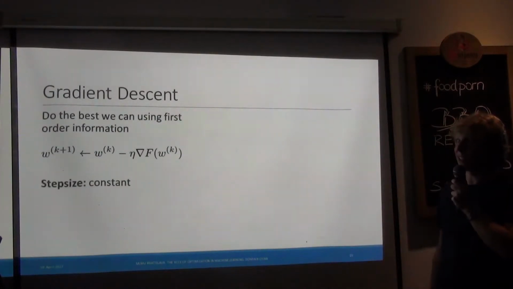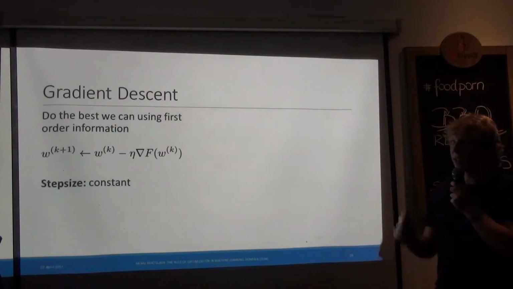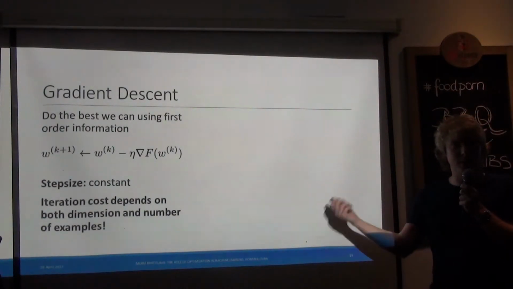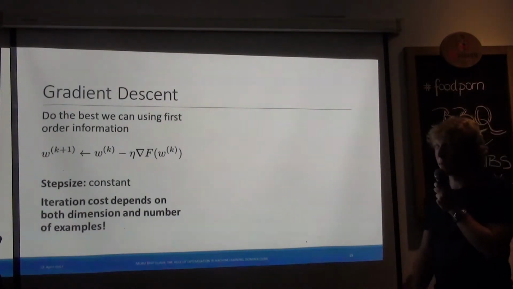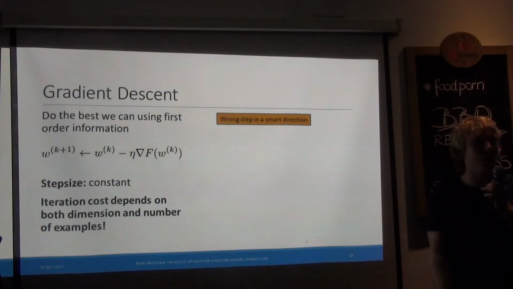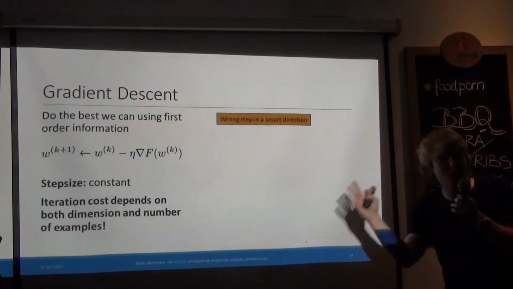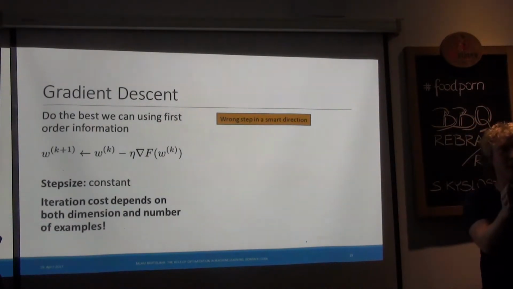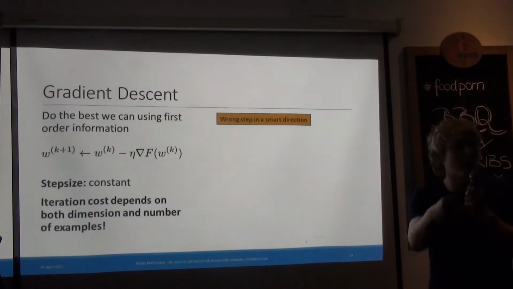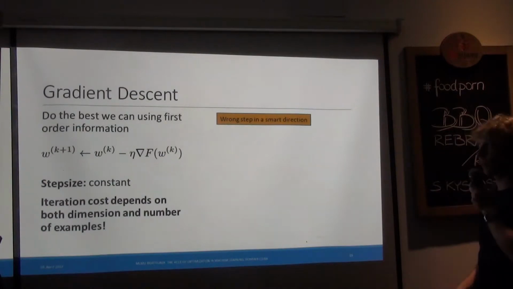The step size is constant, and the iteration cost depends on the number of examples and on dimensions as well. How I look at it is a wrong step in a smart direction. We spend a lot of computational resources to find a good direction, but we can take only a small step because we are not sure how the function changes along that direction.